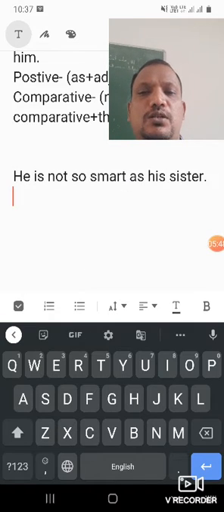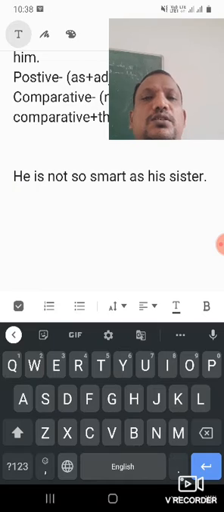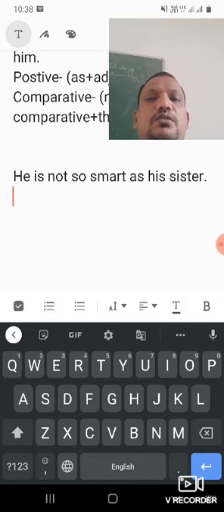Here I have given another sentence: he is not so smart as his sister. This is another type of positive degree, and we have to find out the comparative degree. Here in the positive degree itself we have the negative form, not. So in the comparative degree we should not use not.